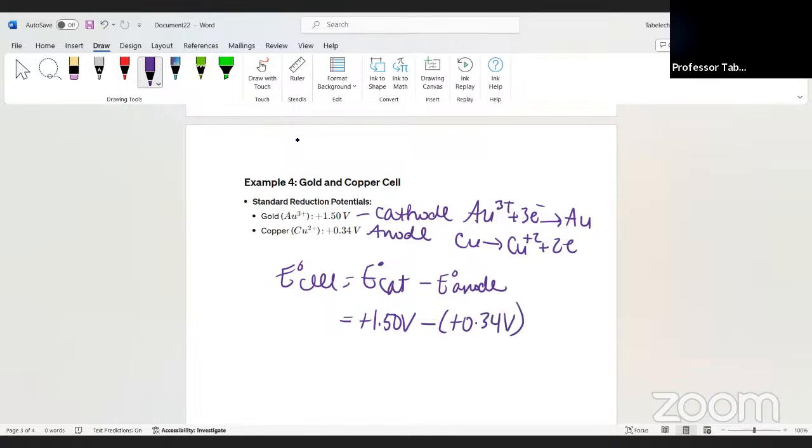In other words, this becomes positive 1.5 volts minus 0.34 volts. So you're basically subtracting those two numbers. Positive 1.5 minus 0.34 gives us positive 1.16 volts. That is your E cell for this particular gold copper cell.